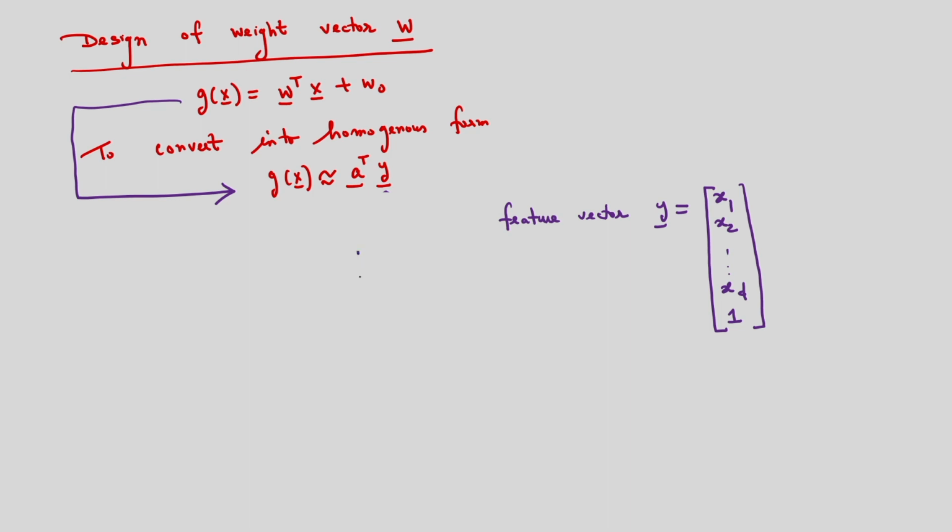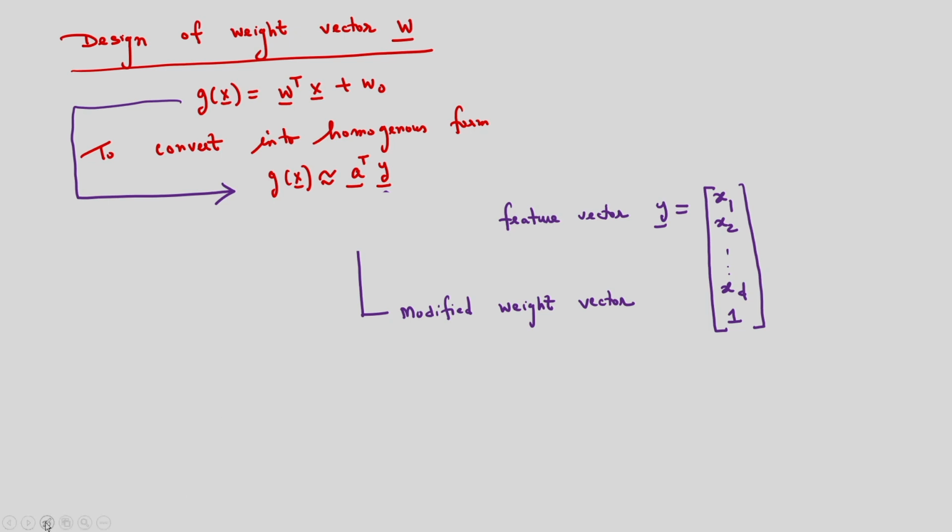So this vector A is the modified weight vector. In this weight vector, all the components of W and also the bias W naught are considered.